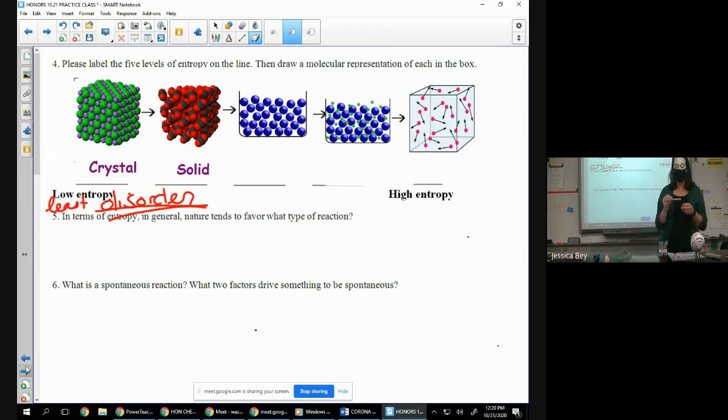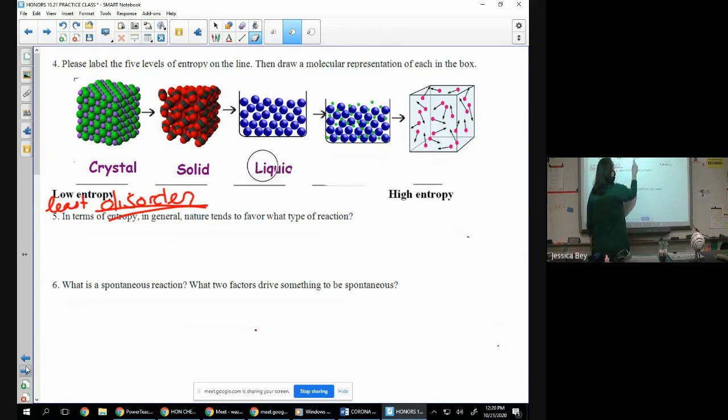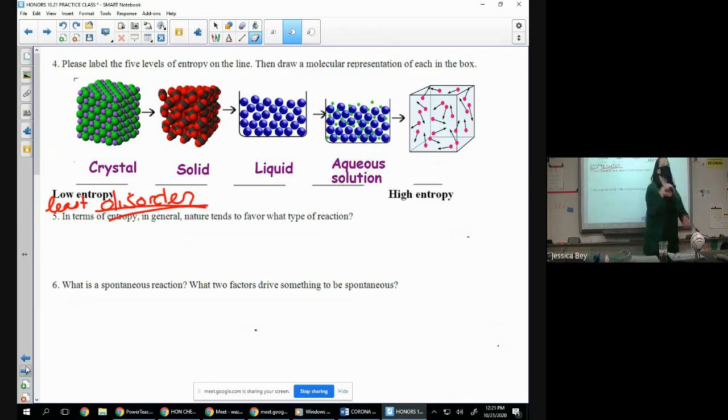Who can I bother next for another one? Oh, not here. Ellie. Hey, Ellie. After a solid comes a liquid, and if I put stuff in that liquid, it's called a solution. You are with it. Okay. So again, liquids move around more chaotically. And then if you put something in your liquid, now you have a lot of stuff running around, even more chaotic.